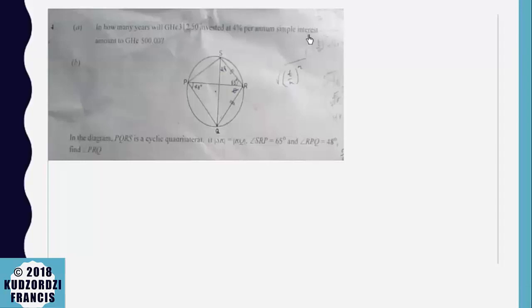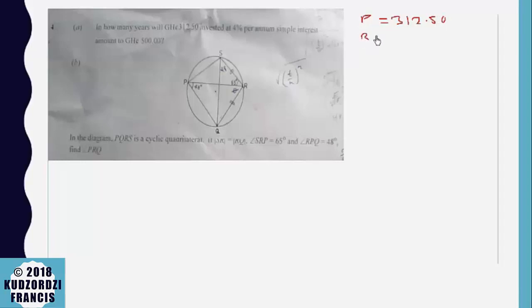So now we have question 4. We have this on interest, and we're given the principal, which is equal to 312.5.